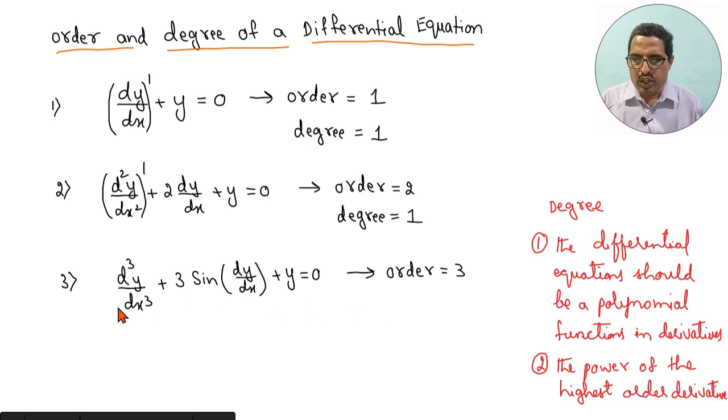Now let's try to understand from here: is this dy by dx a polynomial function? No, because along with sine you are having the derivative dy by dx. So therefore it is not a polynomial function. Therefore the degree is not defined over here.